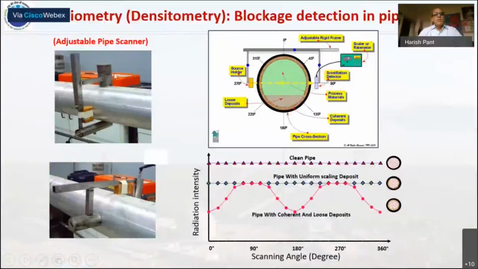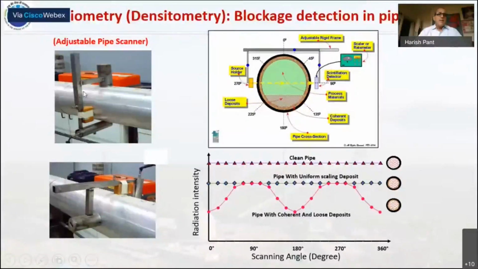This collimator has a very narrow opening, about 3 to 4 mm, and the radiation beam projects out of that opening. On the other arm, there is a radiation detector. So this is called the adjustable pipe scanner.